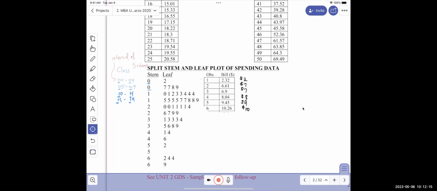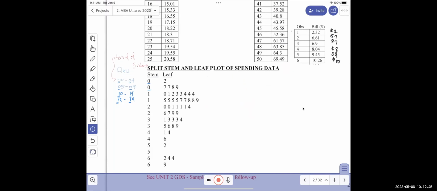Okay, so I am going to move this away. Okay, yeah, so this is the tens column.